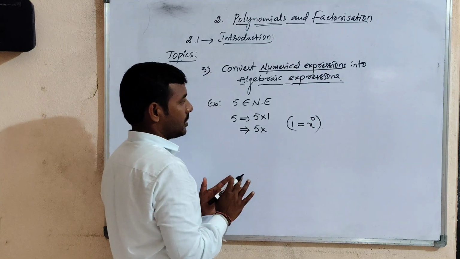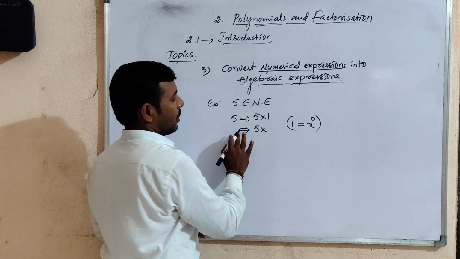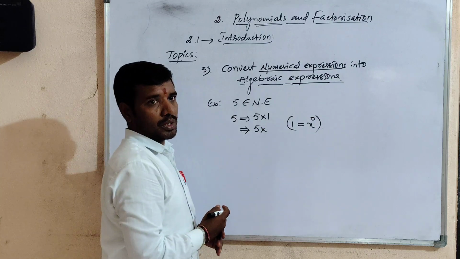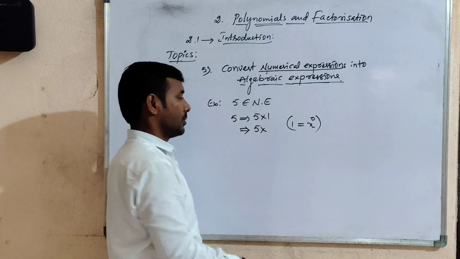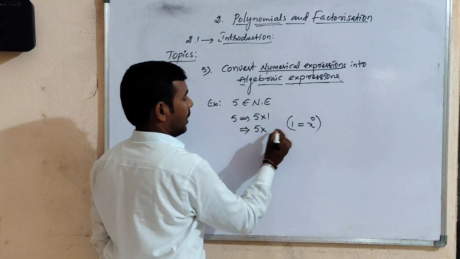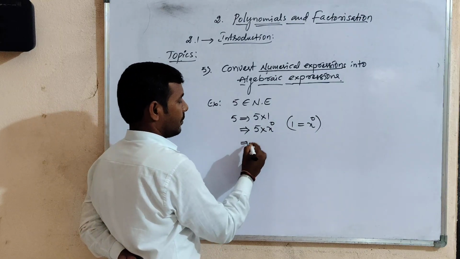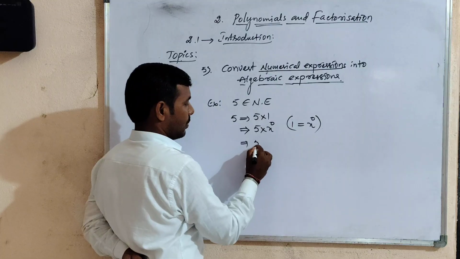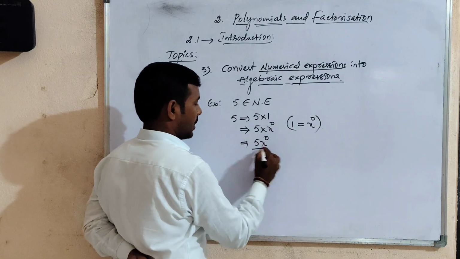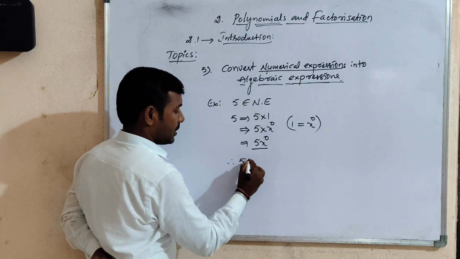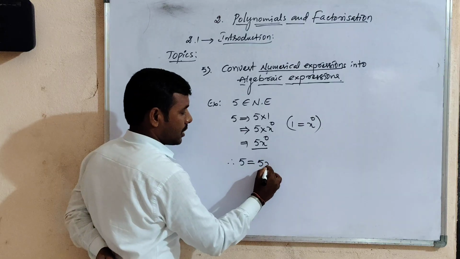Actually, our main intention is to convert to algebraic expressions which are connected with a variable. So for that reason, instead of 1, I want to take x power 0. Next, 5 into x power 0, 5x to the power of 0. Then what happened? 5 is equal to 5x to the power of 0.